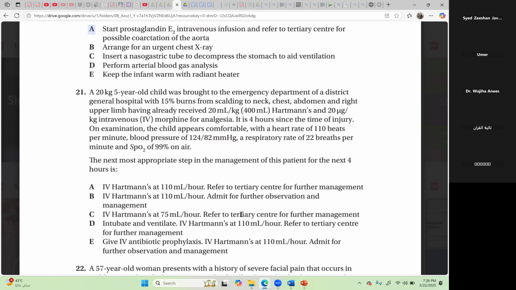There is no indication for intubation at the moment. So these two options are finished. Then IV Hartmann's, refer to tertiary. The answer is very easy: we have to start the fluid and refer. On the basis of this point, they have chosen option A.